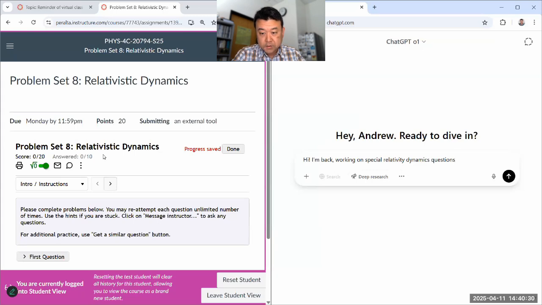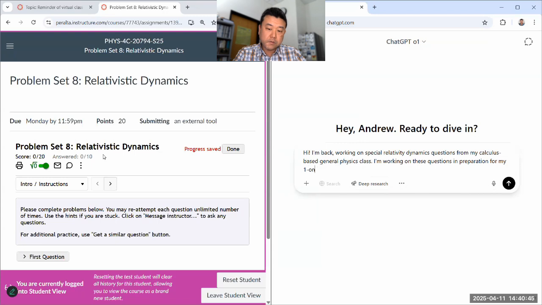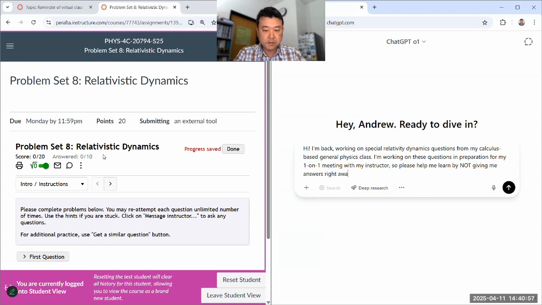So, timeline questions from my calculus-based general physics class. I'm working on these questions in preparation for my one-on-one meeting with my instructor. So please help me learn by not giving me answers right away.